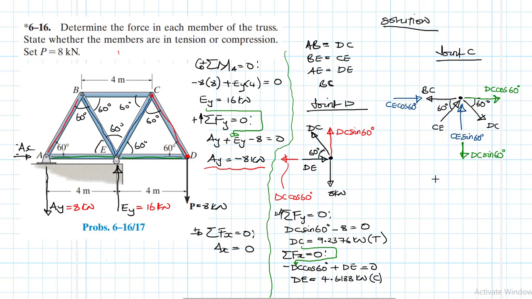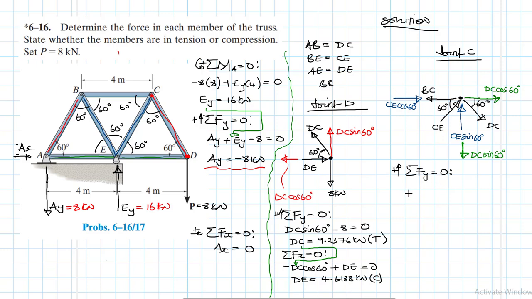Right. We have all the information. We can now go straight away to start working out the problem. Mind you, we already have DC. We calculated it already. DC is 9.2376. So I will start with the vertical direction, summation of forces in the y equal to 0, going up in our reference.